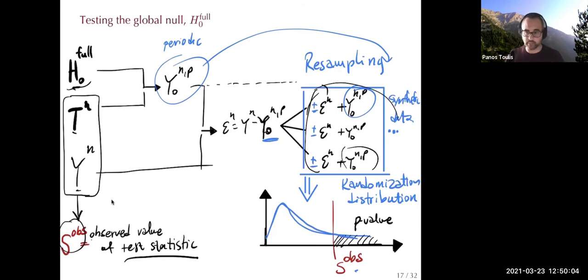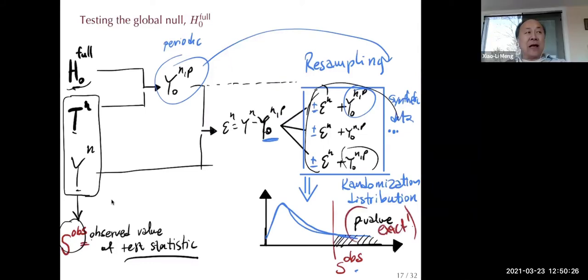Under my null hypothesis, it's an exact p-value. It's not an asymptotic argument. It has the exact correct level for any finite n, which is going to endow my eventual inference method with finite sample validity, which is very important. So I have to emphasize that this p-value is exact.